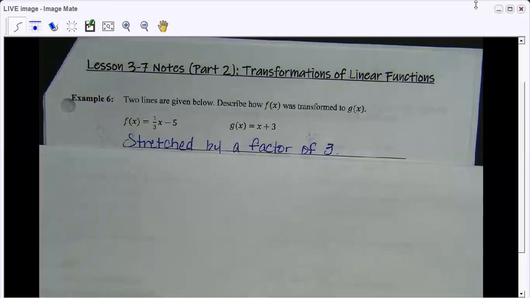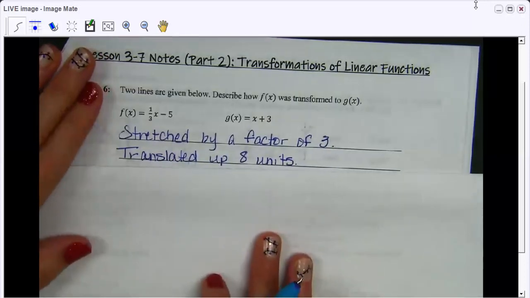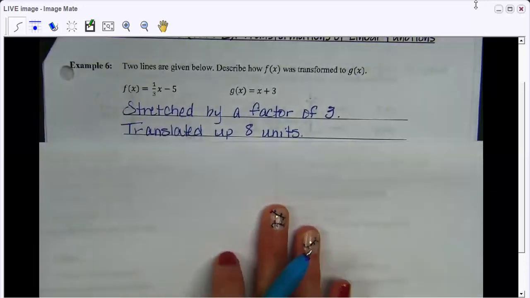So our y-intercept also changed. What did we do with our y-intercept? Yeah, we translated it. Close. 8. Translated up 8 units. Okay.